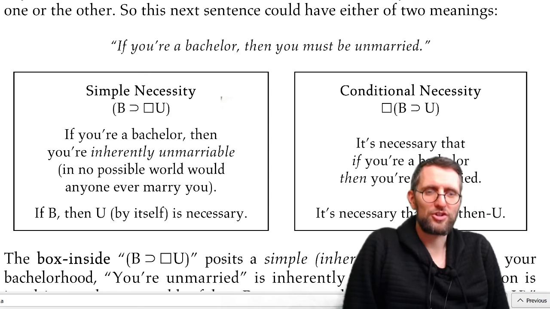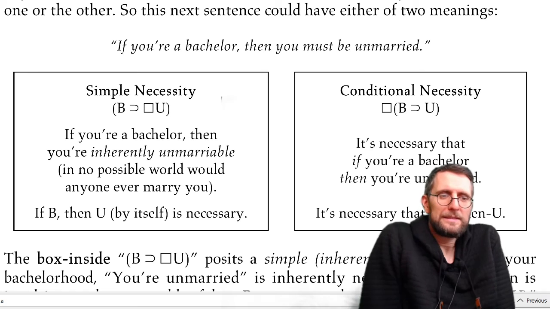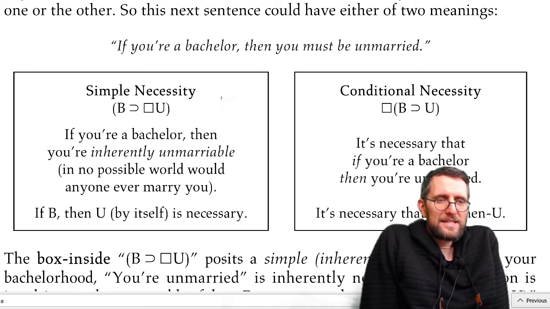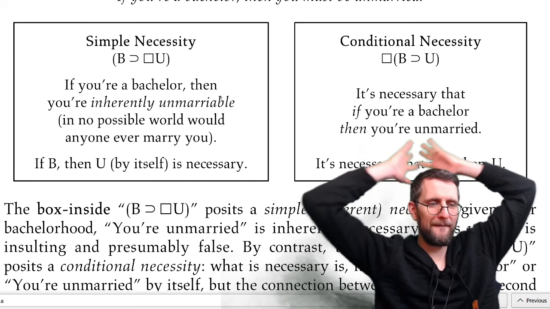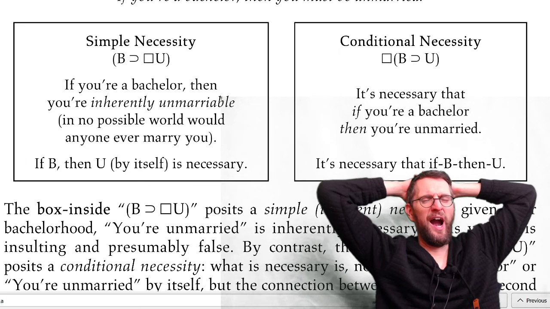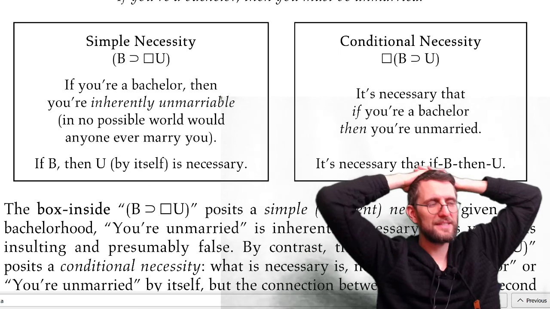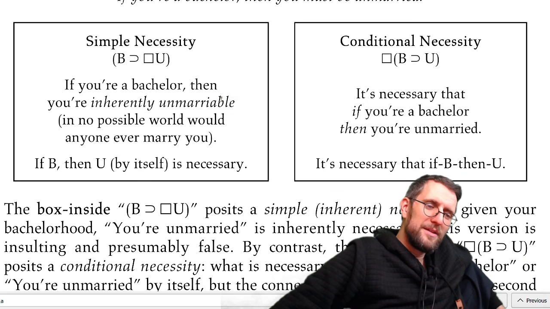So if you're a bachelor, then you're inherently unmarriable. In no possible world would anyone ever marry you. And then the other one, it's necessary that if you're a bachelor, then you're unmarried. I still don't really understand the difference and how that applies here in the rain example.